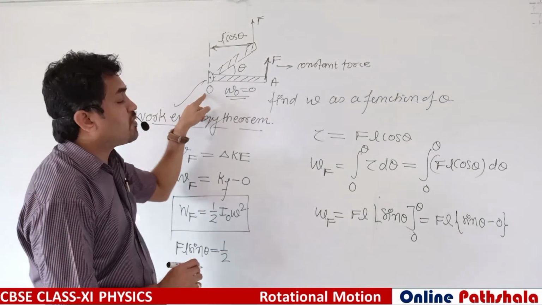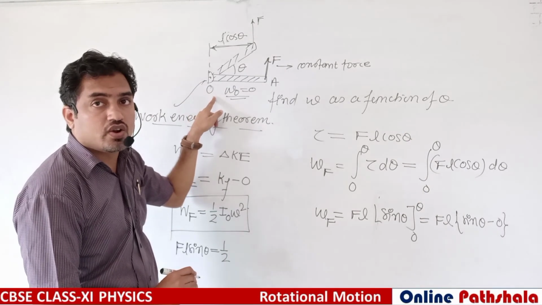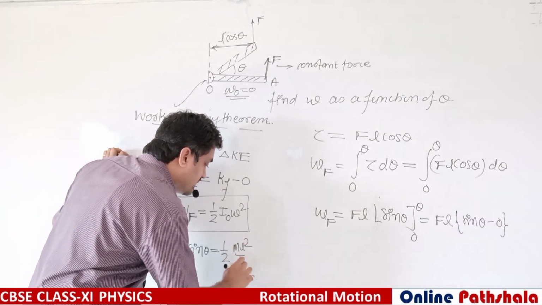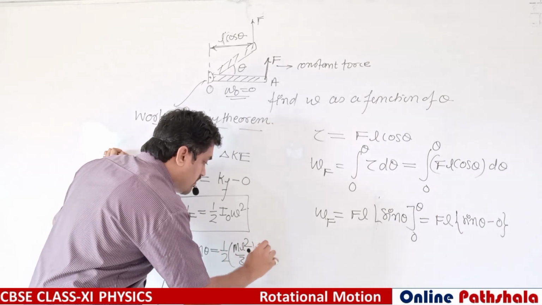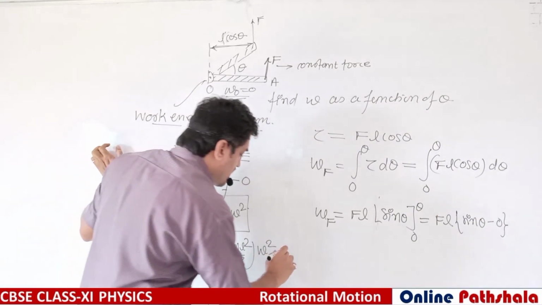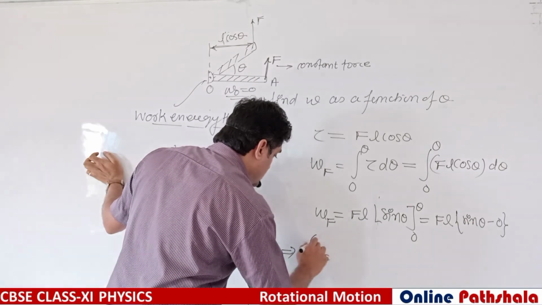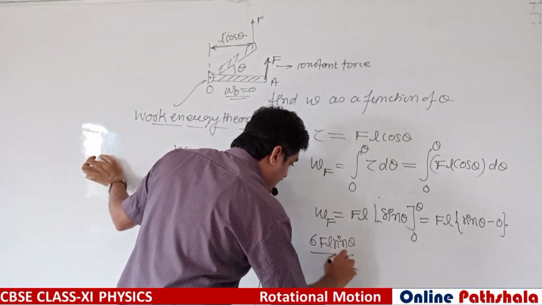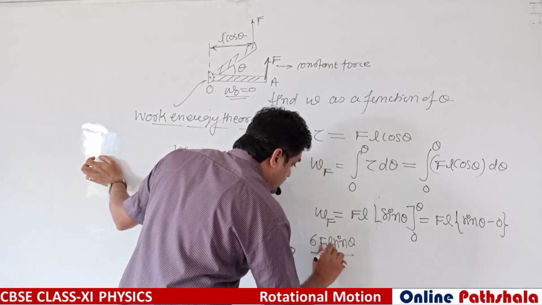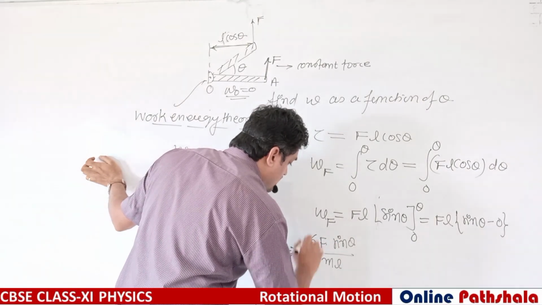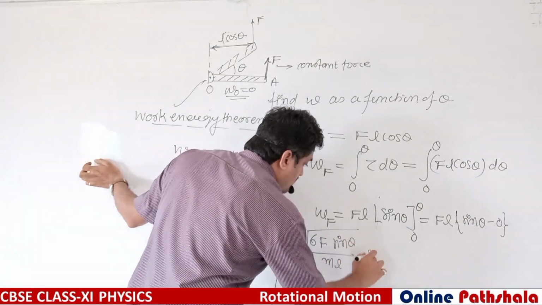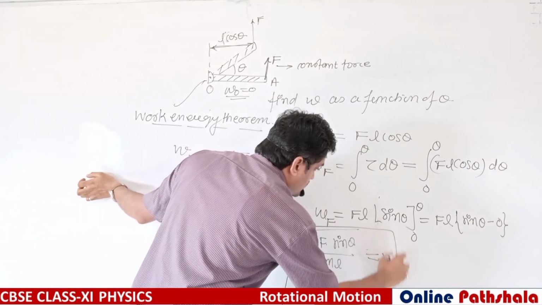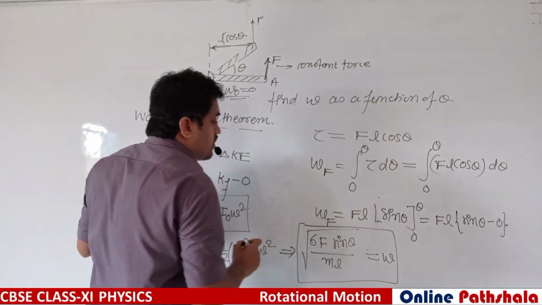What is the moment of inertia of this rod about the end? It is ml square by 3. From here we can find omega, which is the square root of 6FL sin theta divided by ml square. This is the expression for omega.